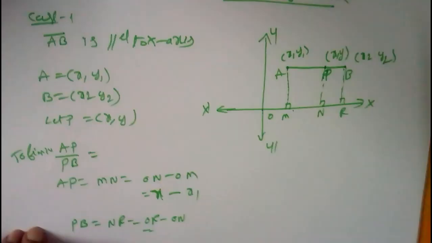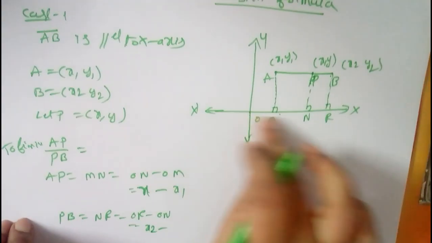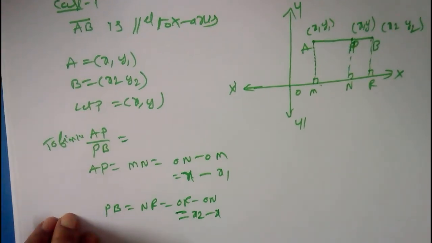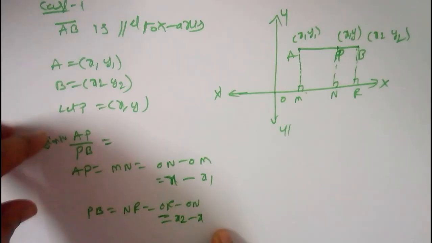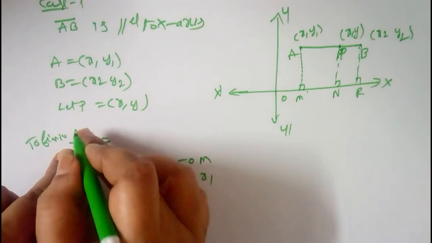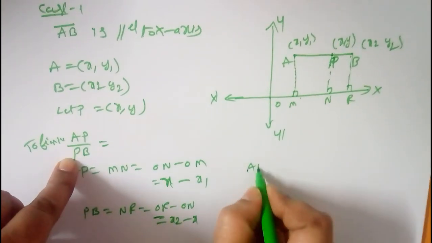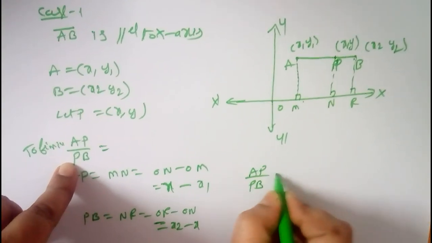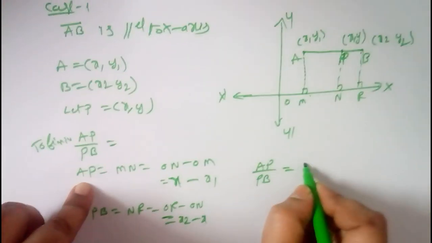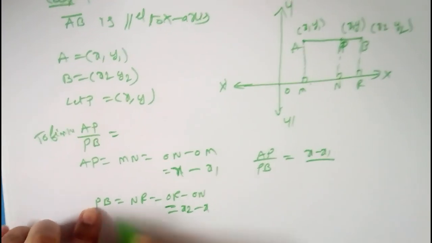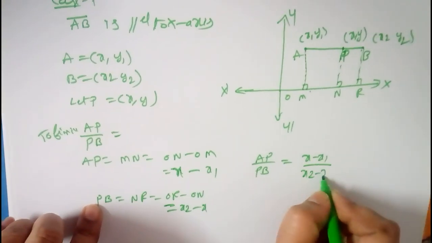OR is x2. What is the ON value? ON is x. So PB is equal to x2 minus x. We require the ratio of AP is to PB. Then AP by PB is equal to x minus x1 by the PB value, x2 minus x.